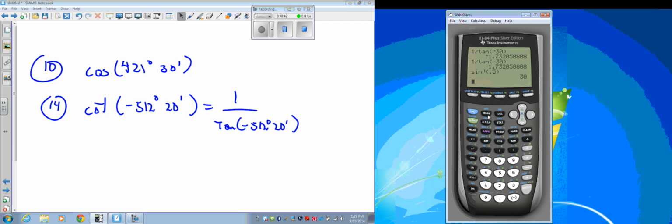If I have it in the wrong mode and I go sine inverse of 0.5, it's going to give me a number, and that's in radians. So if you're doing sine inverse and expecting to get degrees, you better be darn sure you got your mode right.